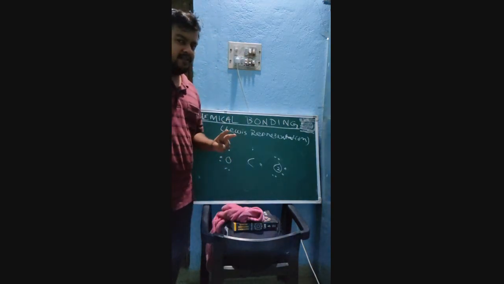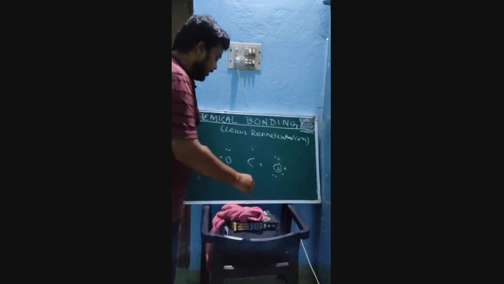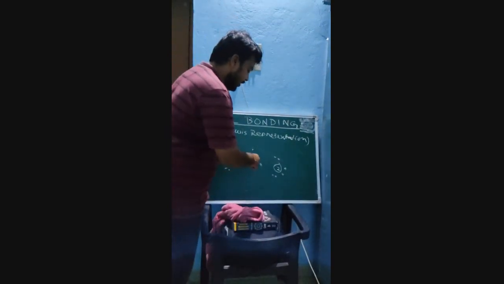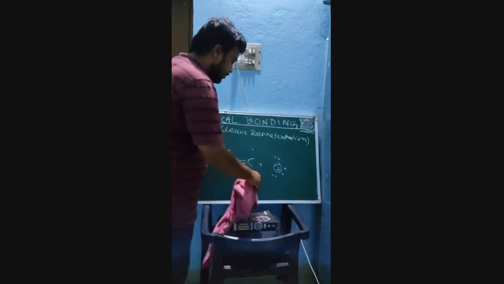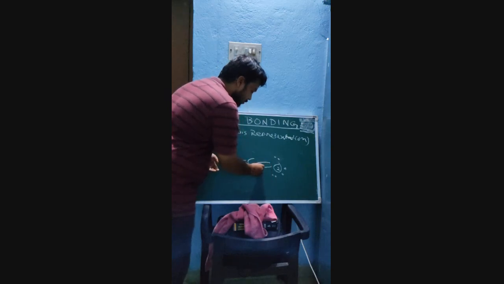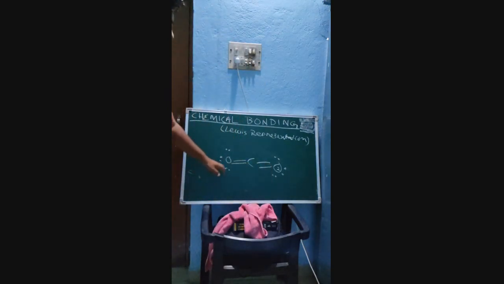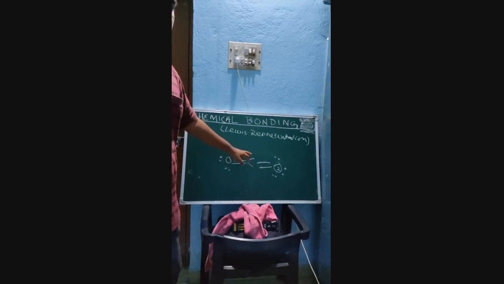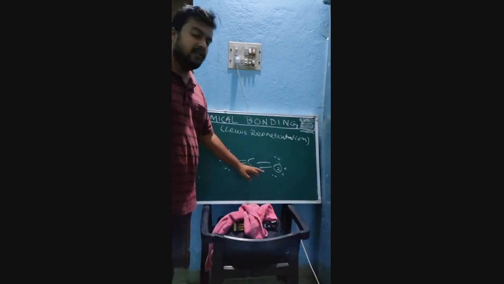So here 2 pairs of electrons are being shared, so there is a double bond. And here also 2 pairs of electrons are being shared, so there is also a double bond. So this is a double covalent bond. The electrons are being shared, they are not donated. That's why this is a covalent bond.